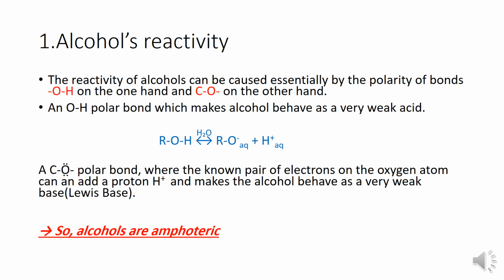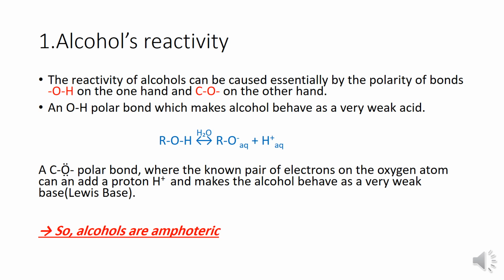The reactivity of alcohols can be caused essentially by the polarity of the bonds O-H on the one hand and C-O on the other hand. Let's start with O-H. O-H is a polar bond, which makes alcohol behave as a very weak acid. Let's see how.